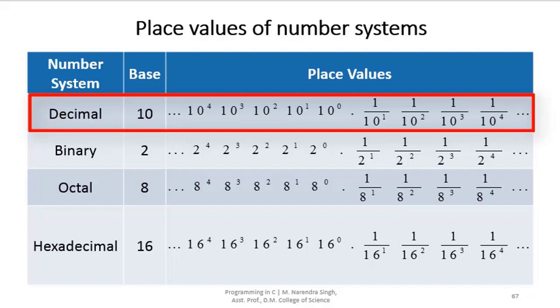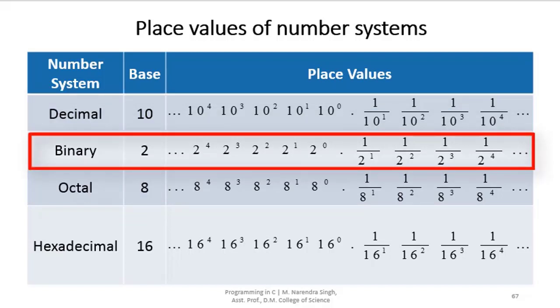These can be written also in the form 10 to the power 0, which is equal to 1, 10 to the power 1, which is equal to 10, 10 to the power 2, which is equal to 100, 10 to the power 3, which is equal to 1000, and 10 to the power 4, which is equal to 10,000. Now to the right of the decimal point, the place values are 0.1, 0.01, 0.001, 0.0001. These can be also written in the form 1 by 10 to the power 1, 1 by 10 to the power 2, 1 by 10 to the power 3, and 1 by 10 to the power 4, and so on.